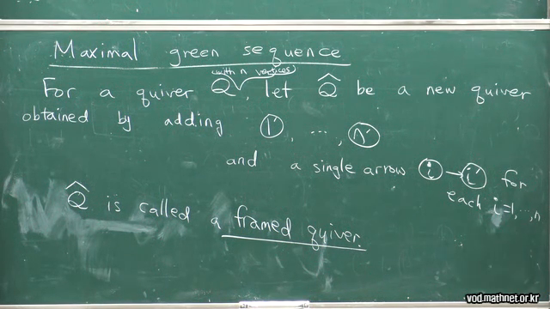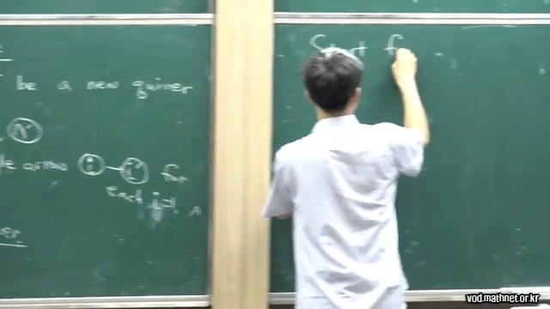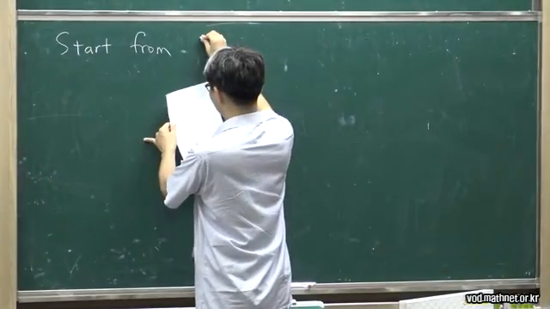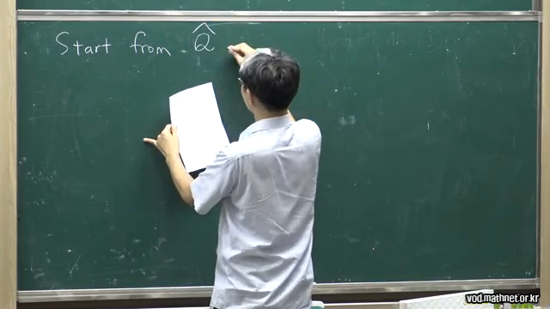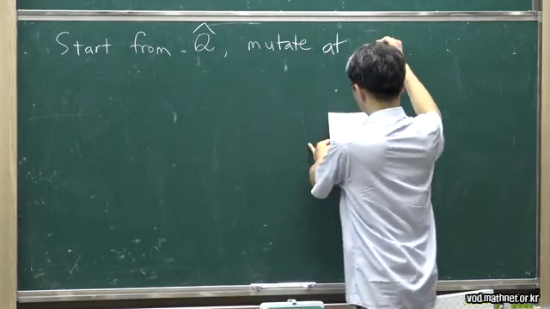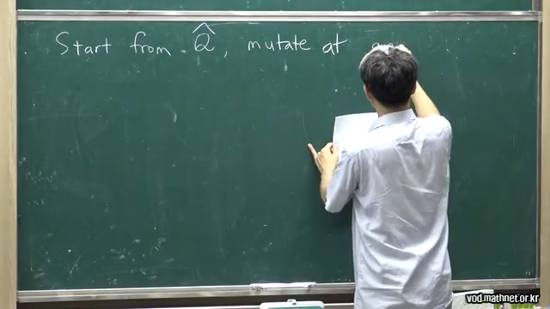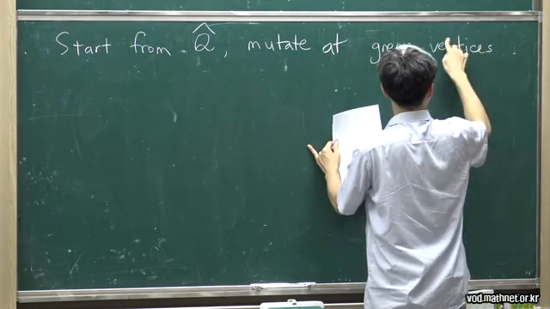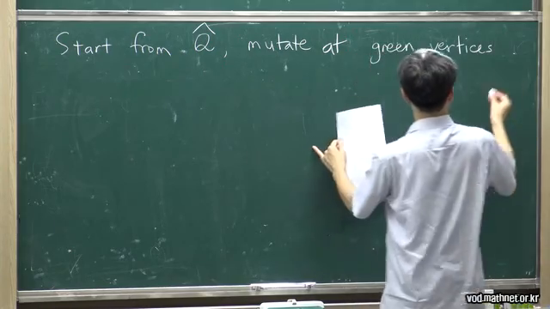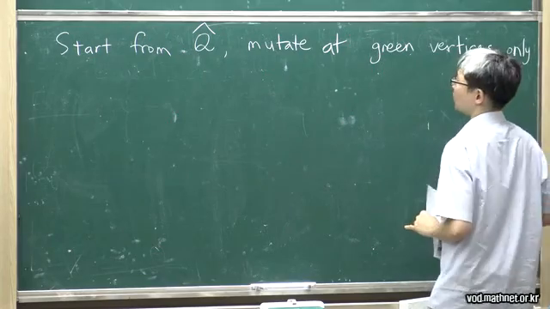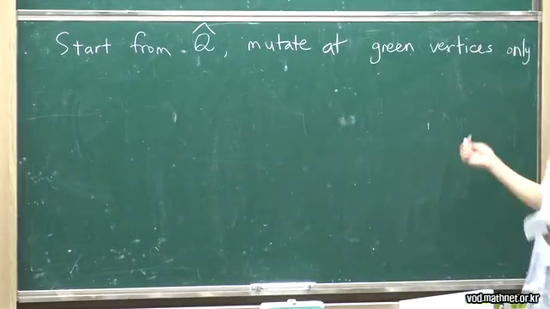Okay, so I'm going to introduce the maximal green sequences. Given a quiver Q, I consider the framed quiver, so I start with Q hat, and then just mutate at so-called green vertices. Then what are green vertices?